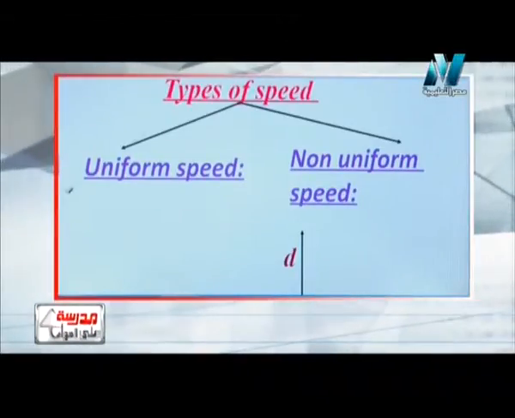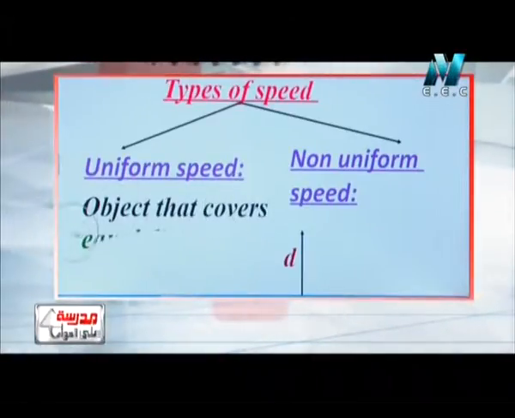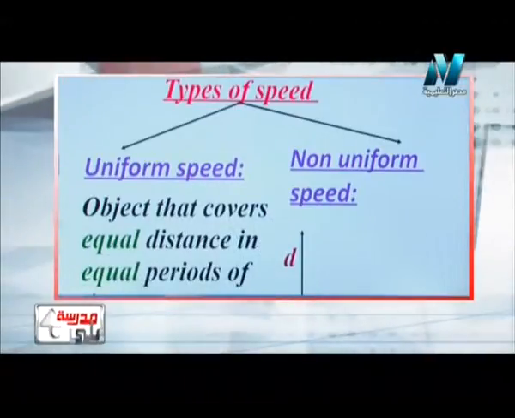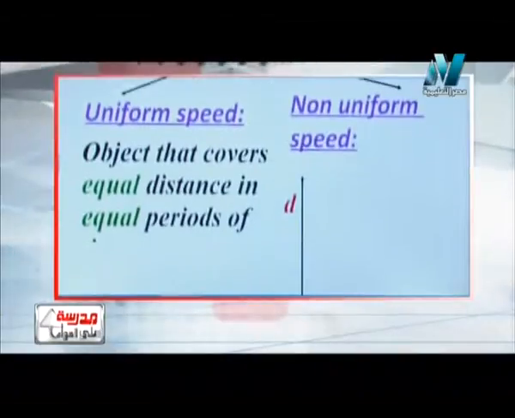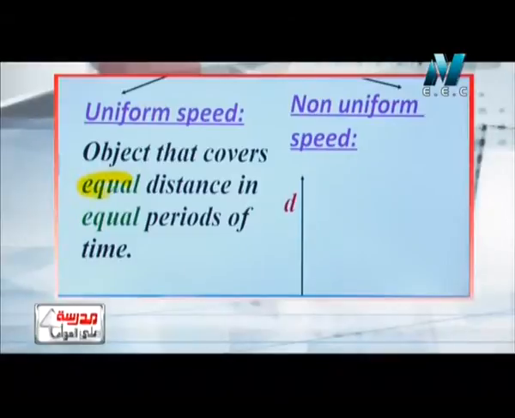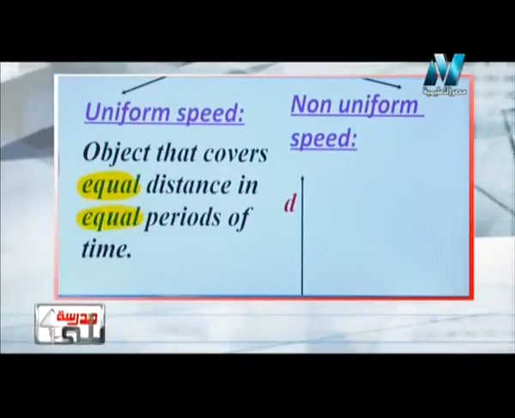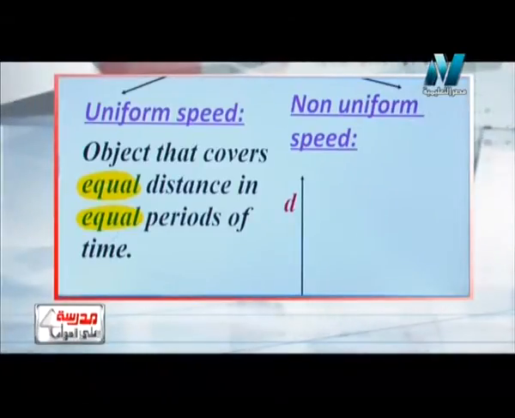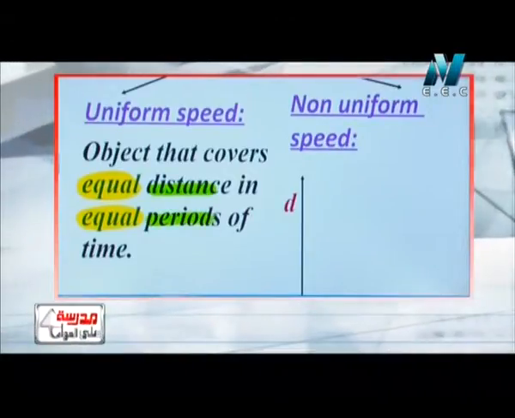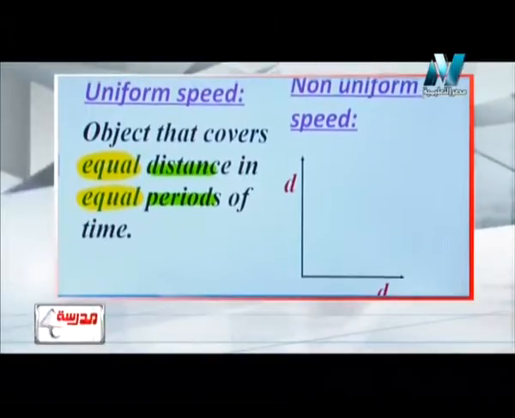So here if we talk about uniform speed, objects that cover equal distances in equal periods of time. يعني الجسم بيمشي مسافات متساوية, covers equal distances in equal periods of time. So we talk about what and what? We talk about equal distances at equal periods of time. And here, as you see, we have a graph.